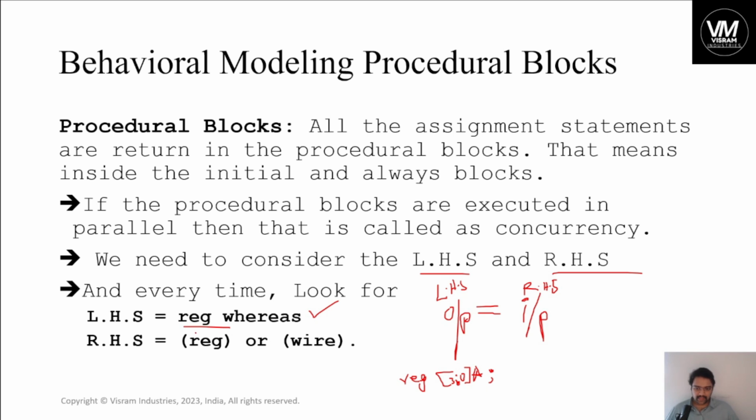And the RHS can be a register or wire. Whatever sits here can be input. Sometimes inputs are whatever you give in the multiplexer or some logic cells or in the entire design. If you are designing an adder and you give inputs, those are on the right hand side.